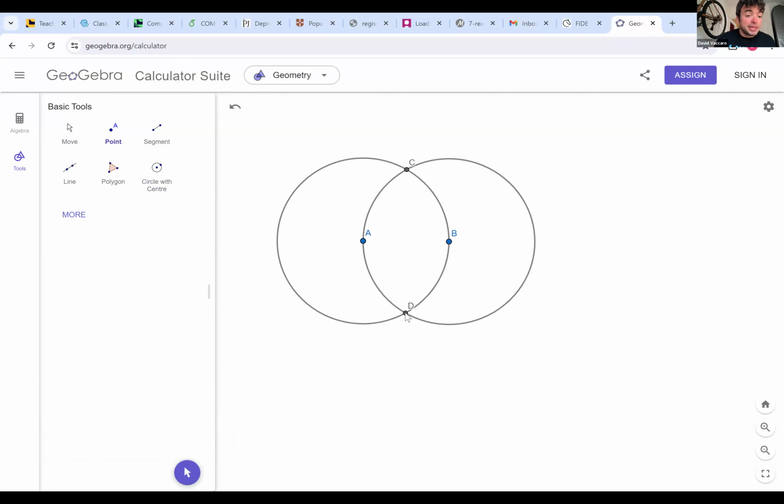But the perpendicular bisector is a straight line, and a straight line is uniquely determined by any 2 points. So if I join those 2 points up with a straight line, this line that I've just drawn is the perpendicular bisector.